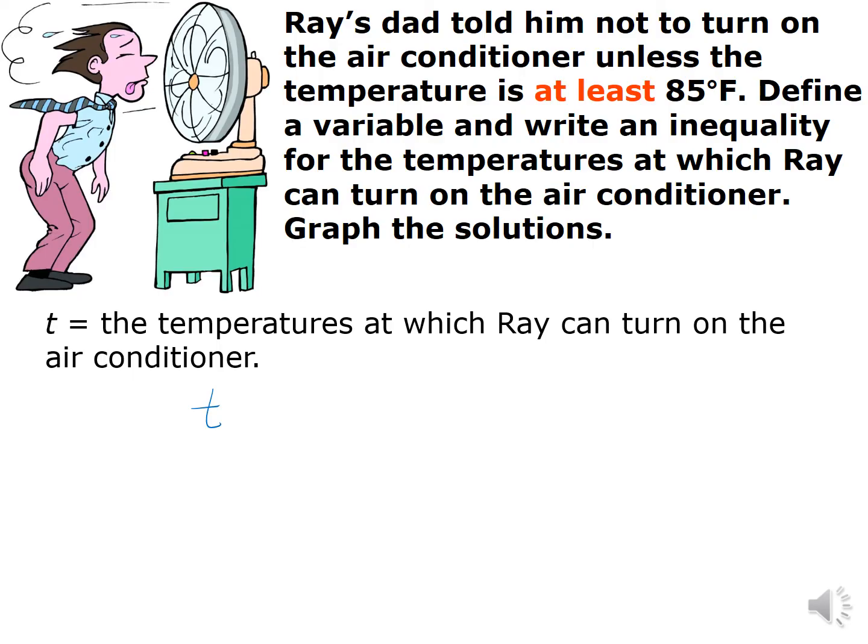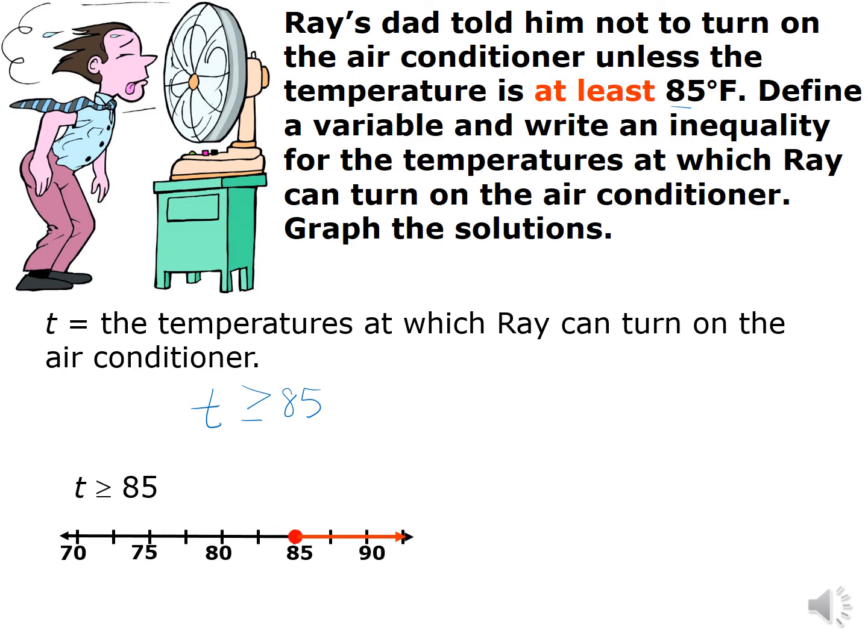So he doesn't want it on when it's 65, so he must want it on when it's greater than 85. So T is greater than, and then it says at least 85, which means it could be equal to 85. So there is my inequality and the graph.